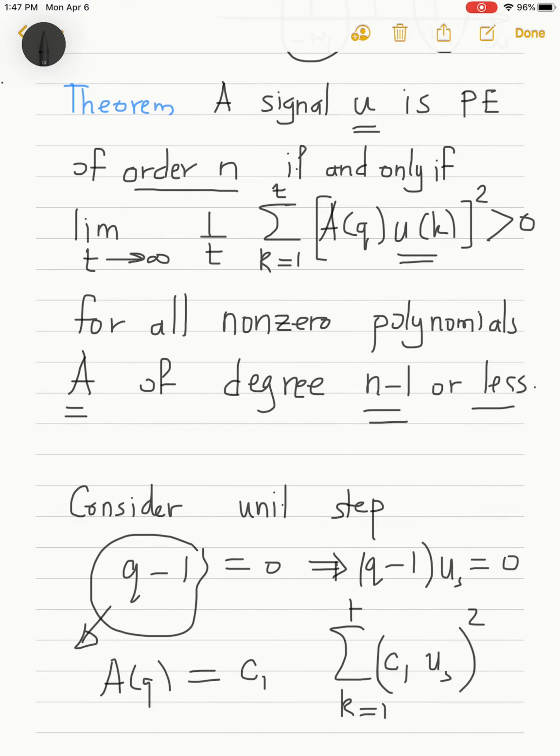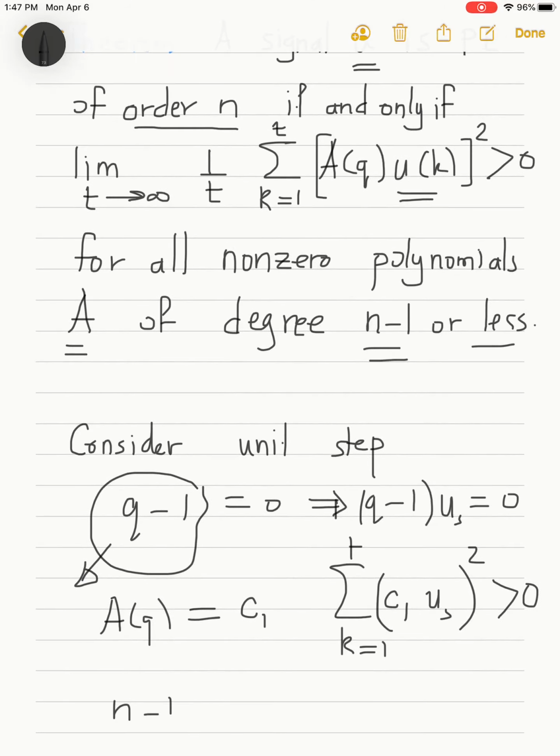Consequently, for any polynomial A of degree 0, the condition of this theorem is satisfied. So n minus 1 equals 0, where 0 is the degree of the polynomial A, and I conclude that n equals 1, which means the unit step is persistently exciting of degree 1. So that's how we apply the theorem.